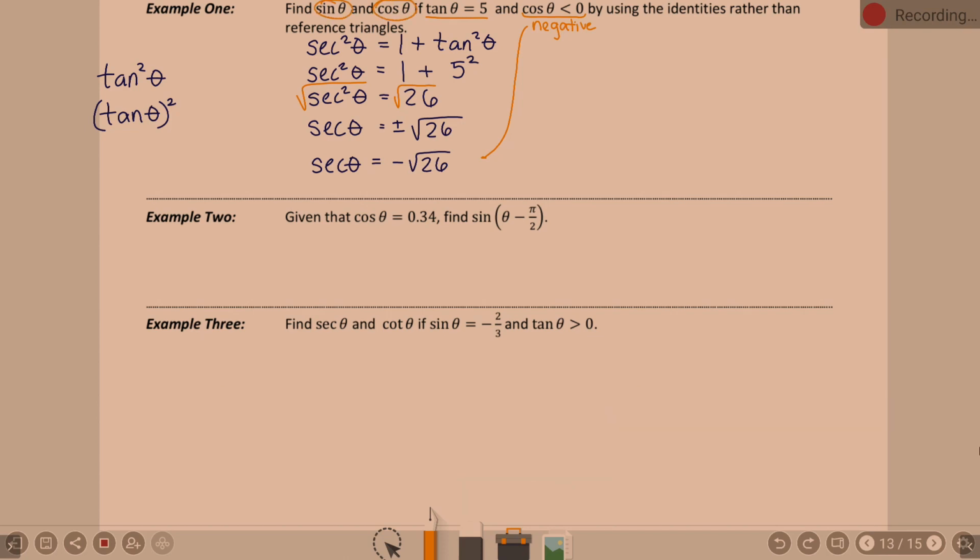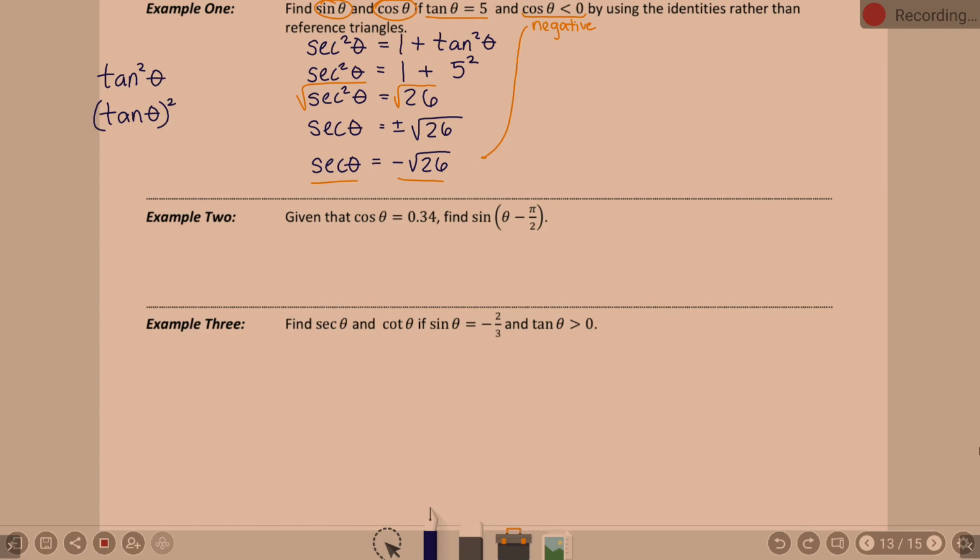All I have found so far is secant. Thoughts? Yeah. If we know secant, what do we also know? Cosine, because they are reciprocals. Now, you can just take the reciprocal and tell me what cosine is.